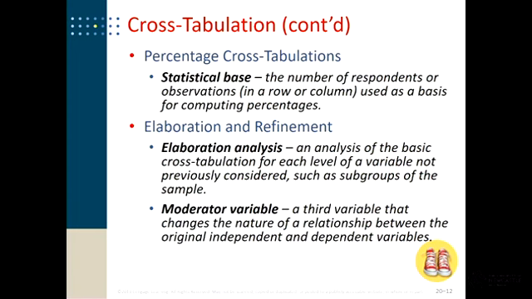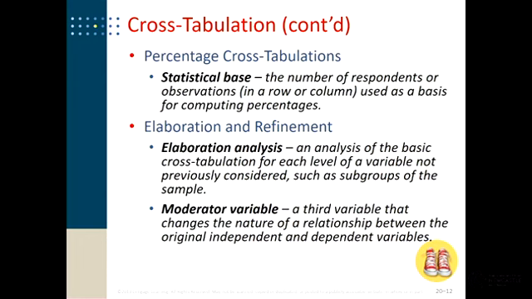Moderator variable means your primary interest is to find out the relationship between two variables, but sometimes you introduce a third variable and check whether the relationship still exists or not. Do you understand what I'm trying to say? Let's say you have two variables, x and y, and your interest is the relationship between x and y.